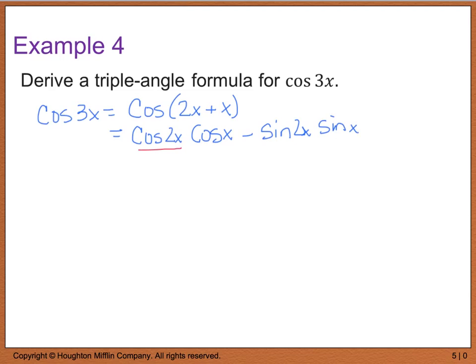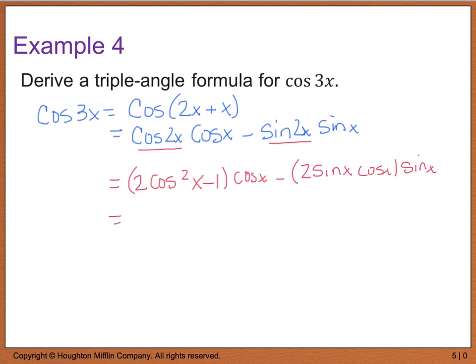Now you have a double angle here and a double angle here we need to simplify. So the cosine of 2x is going to be 2 cosine squared x minus 1 times cosine x. And the only reason I chose that formula is because of this cosine here. Then we have minus. Now for this sine 2x, we have 2 sine x cosine x times sine x.